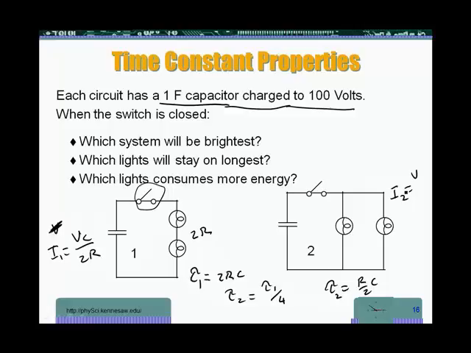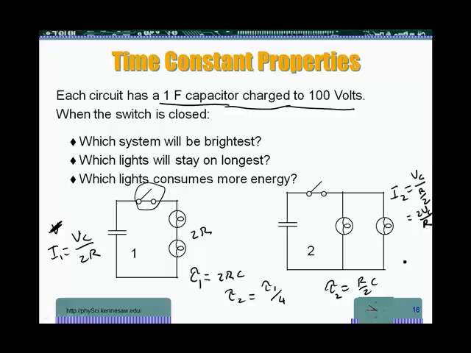This is not the current through the light bulbs, the current out of the capacitor. VC over R over 2, which is twice VC over R.